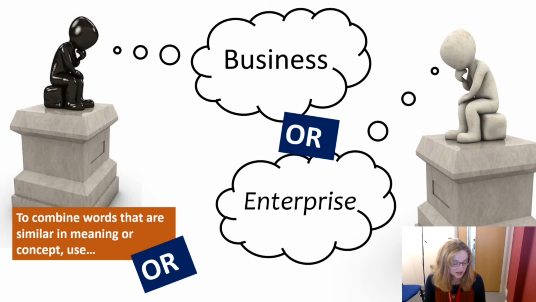So as I mentioned earlier, one person's word for enterprise might be another person's word for business, but you don't have to do separate searches. You don't have to do one search with organisation behaviour and business, and then a separate search with organisation behaviour and enterprise. You can actually search for both of those terms together by using OR. So you use OR to search for both terms, even if they don't appear in the same article.